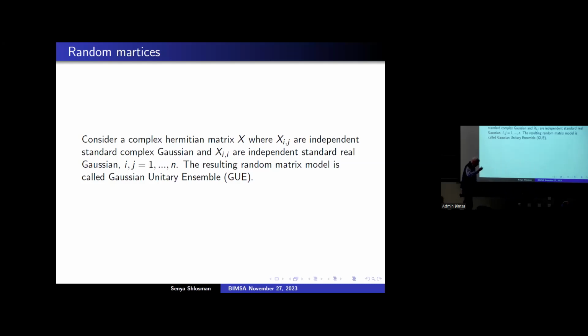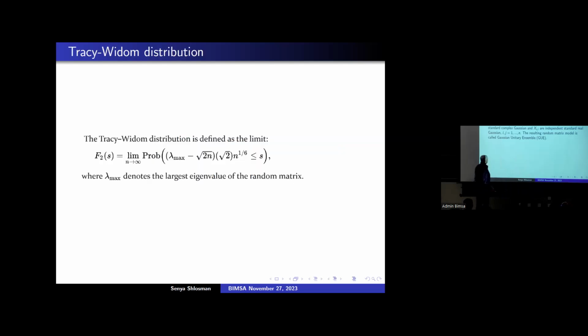The first thing you expect inside probability is that it should be Gaussian. Everything should be Gaussian, but that's not the case here, of course. This random variable has some distribution, and this is a famous distribution called the Tracy-Widom distribution.